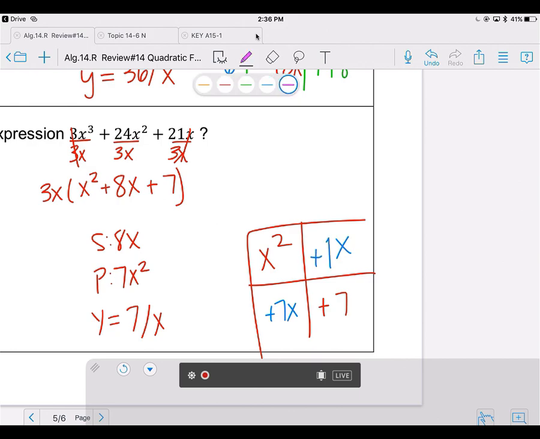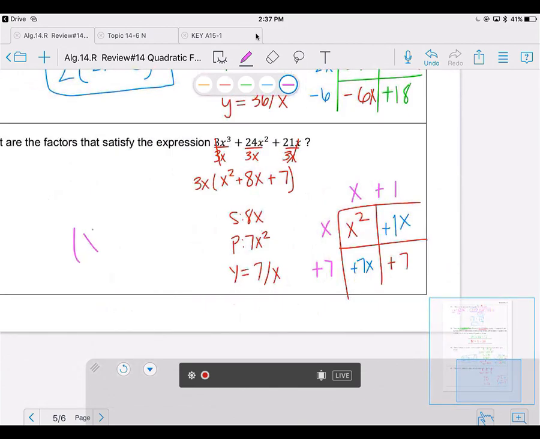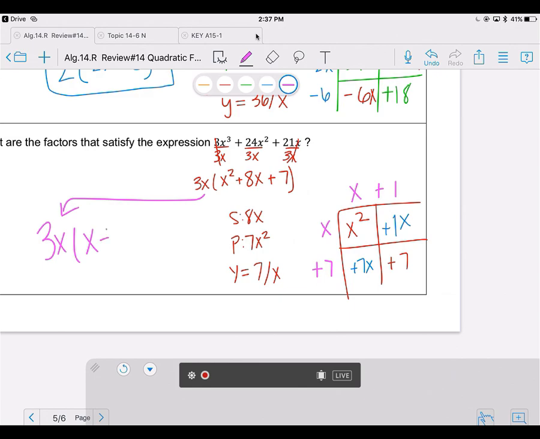And I take out my GCFs, so x squared and 7x share an x. 1x and 7 share a 1. So GCF out front, and then x plus 1, x plus 7.